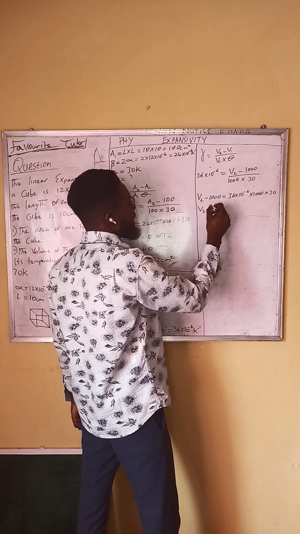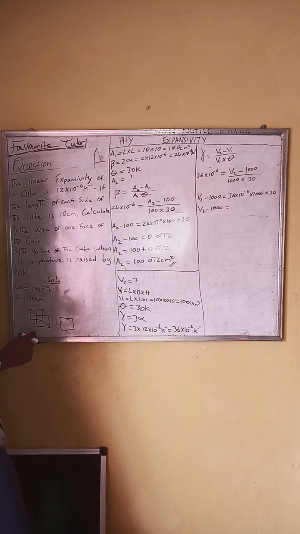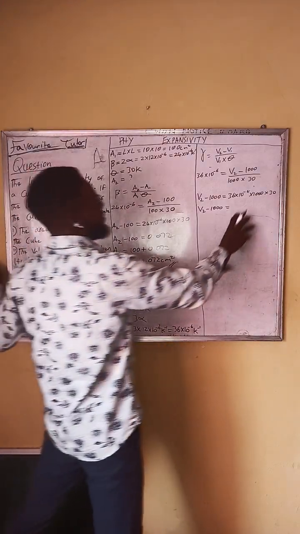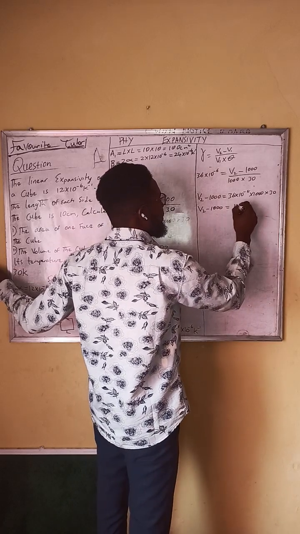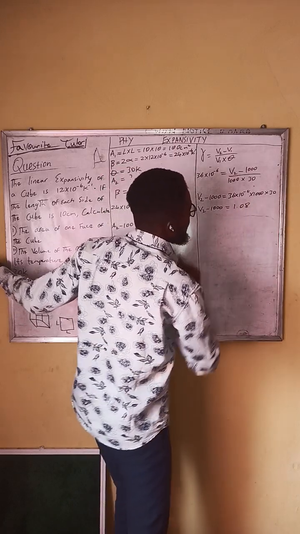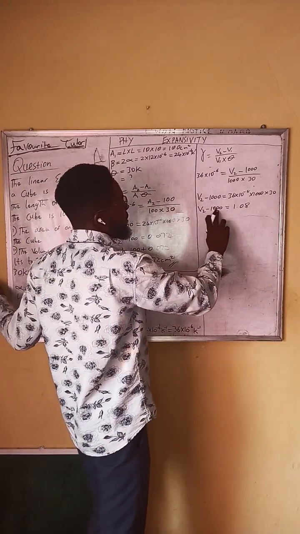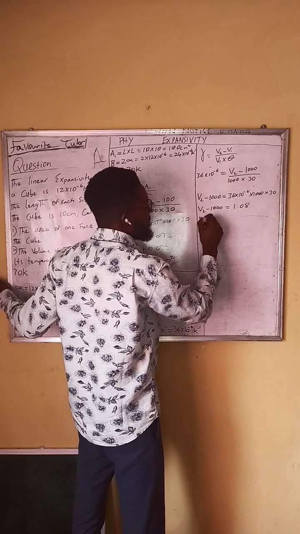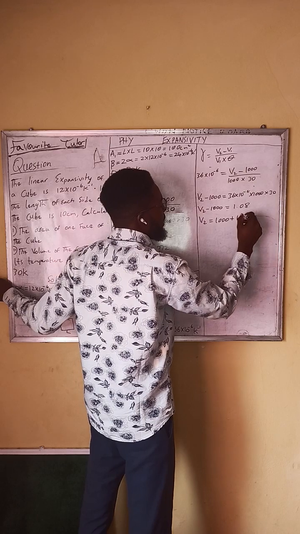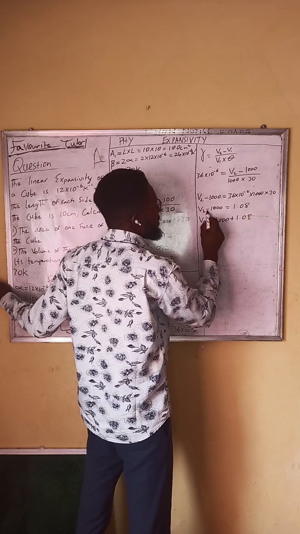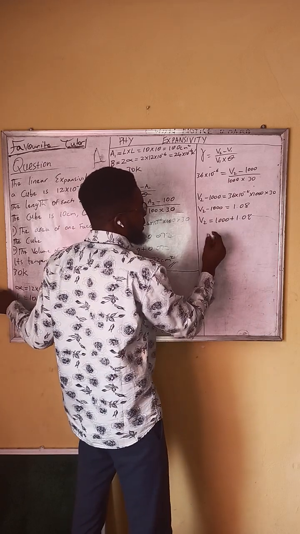So volume 2 minus 1000 is equal to, if we multiply these three values, we have 1.08. Okay, so we take minus 1000 to the other side of the equation. We turn this to plus 1000 and cross over the equality sign.